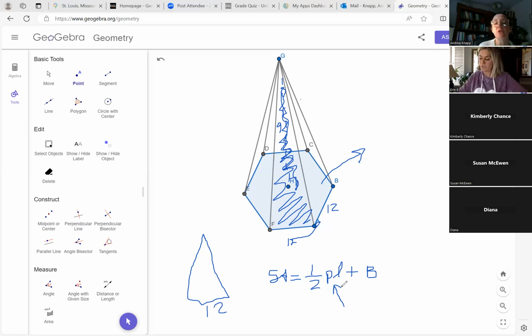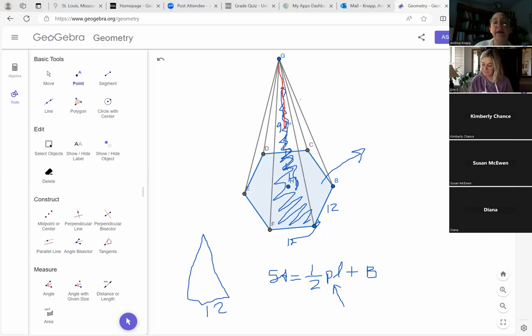Okay, so let's do the triangle part first. We need that slant height. I figured out where I went wrong. I put 12 as the slant height.